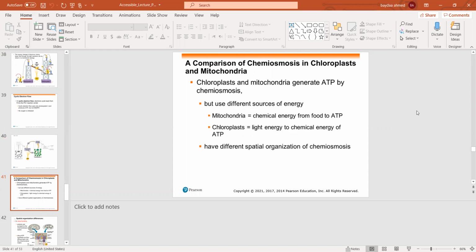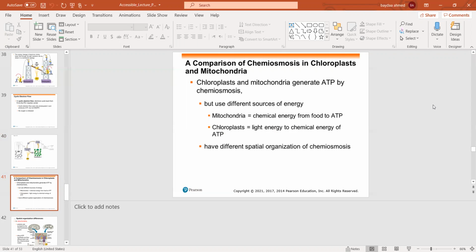Some of the electron carriers, including the iron containing proteins called cytochromes, are very similar in mitochondria and chloroplasts. The ATP synthase complexes of the two organelles are also quite similar, but there are noteworthy differences between phosphorylation in chloroplasts and oxidative phosphorylation in mitochondria.